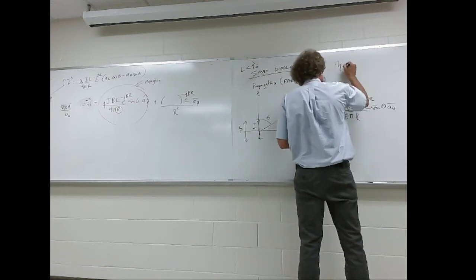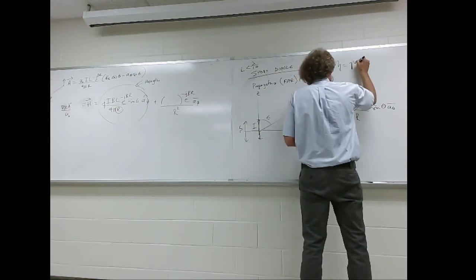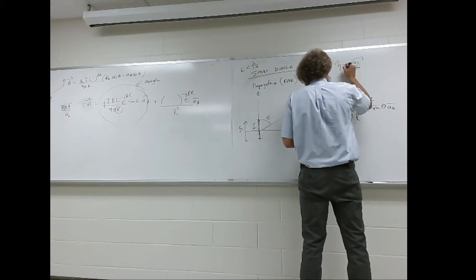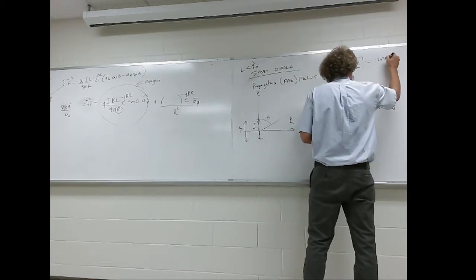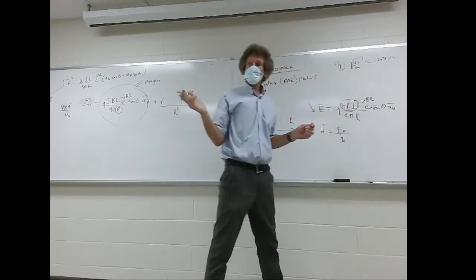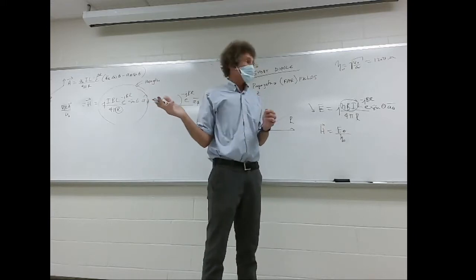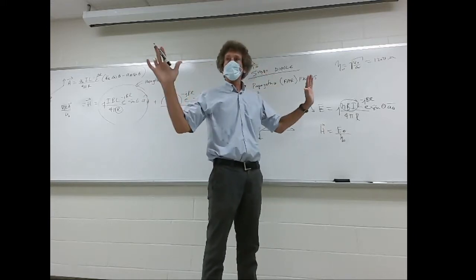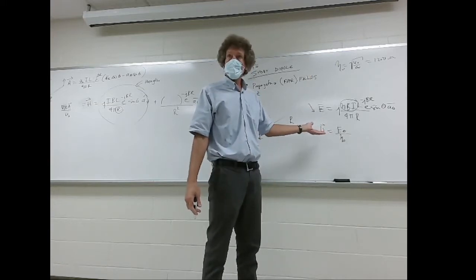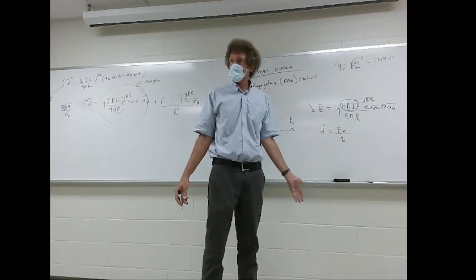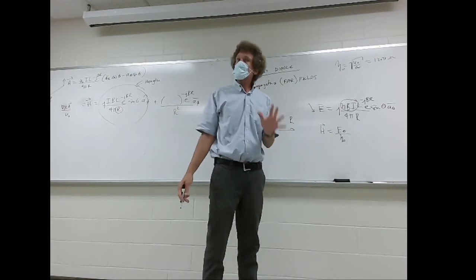By the way, eta is just the square root of mu naught over epsilon naught. I'll call it eta naught, and that's 120 pi ohms. You all know that? Or 377 ohms, correct, class? So the ratio of E to H, if it's propagating, is always going to be eta. Or if we wanted the H field and we had the E field, we divide by eta. Do y'all follow me? This is for propagation.